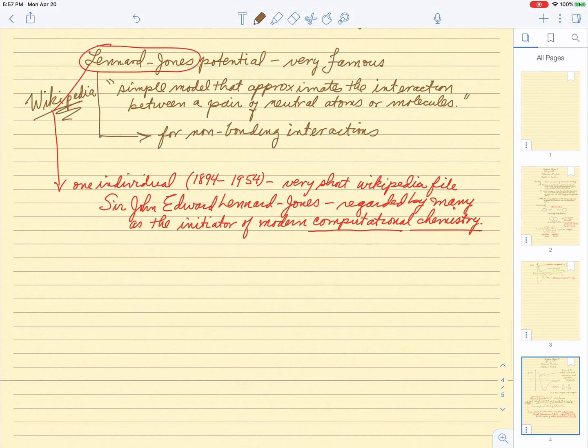In any case, the Lennard-Jones potential, which I'll just label V subscript LJ, is equal to 4 times epsilon times sigma over r to the 12th minus sigma over r to the 6th. Okay, so we need another graph here, all right? And I want you to appreciate a couple of things here.